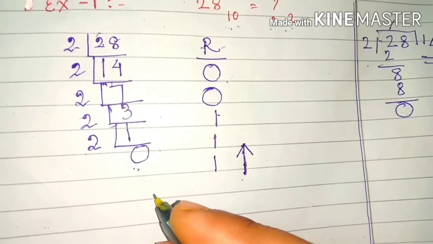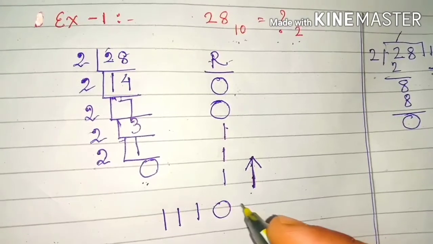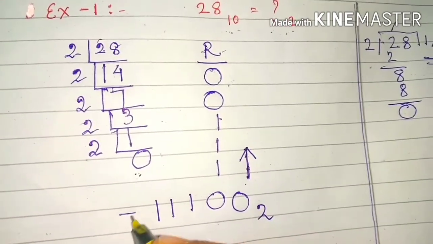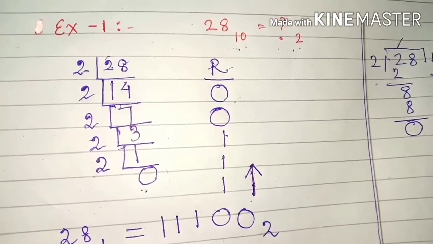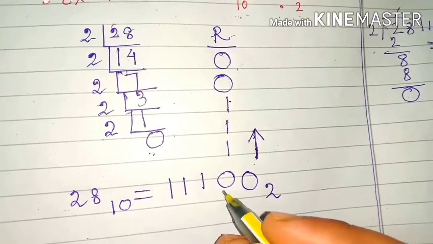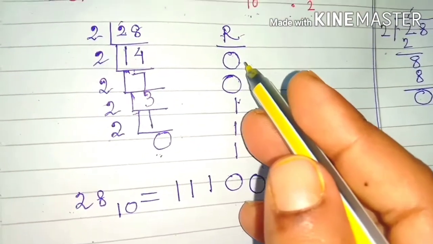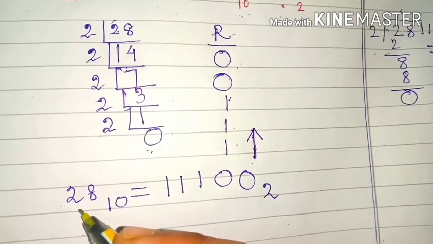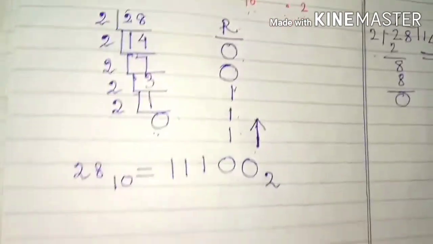So like this, 1 1 1 0 0, base 2. This is our answer: 28 base 10 is equal to 11100. This is our binary number equivalent to decimal 28.